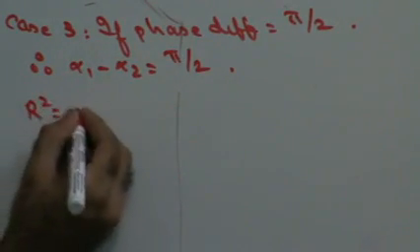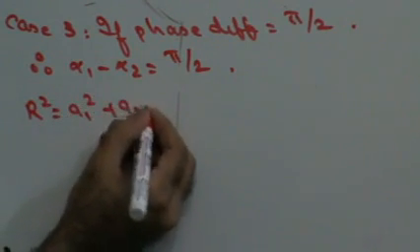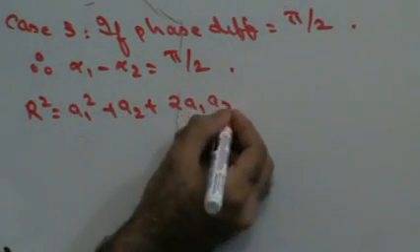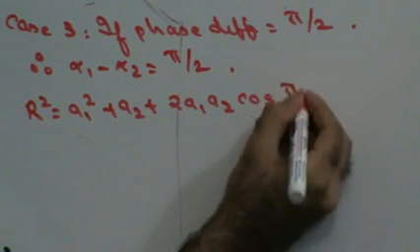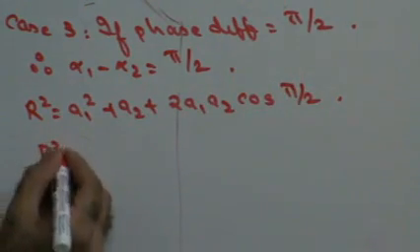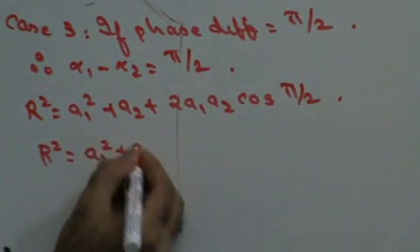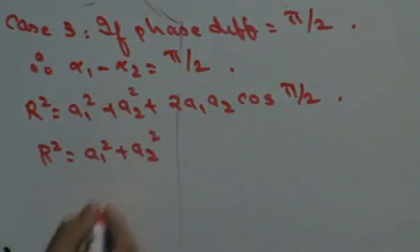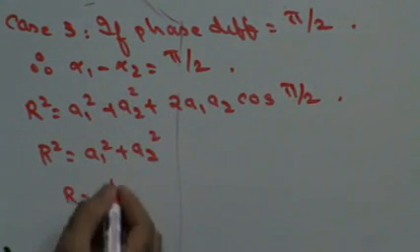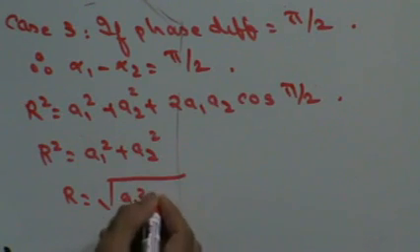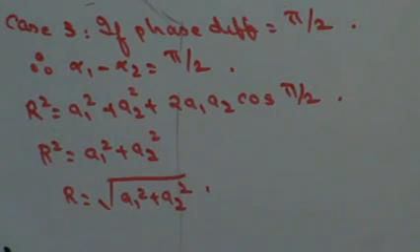Then R square is equal to A1 square plus A2 square plus twice A1 A2 cos 90, which is 0. So R square is equal to A1 square plus A2 square. Therefore R is the square root of A1 square plus A2 square. So if the phase difference between them is 90 degrees, then the resultant amplitude is the square root of the sum of the squares of the amplitudes.